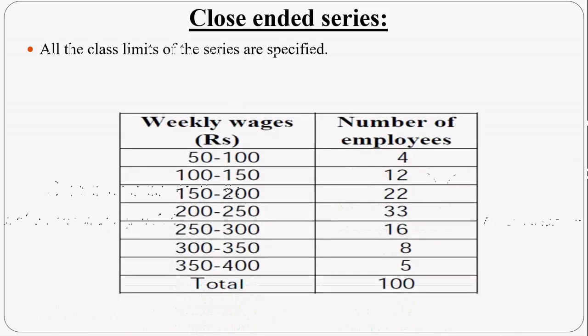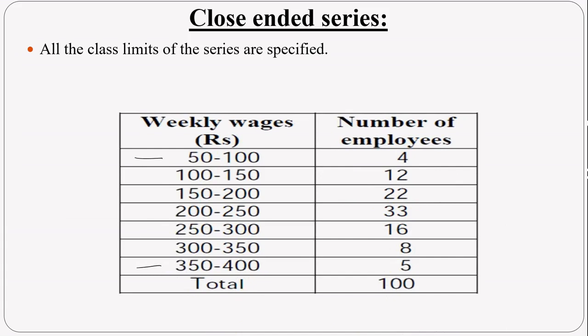Now what is close-ended series? Close means very simple, that is, in the beginning and in the end it is closed. Nothing will be given. Either it is below or above, nothing will be mentioned. So all the class limits of the series are specified. As you can see, there is no below and above. So you can see in the first and last, nothing is mentioned.